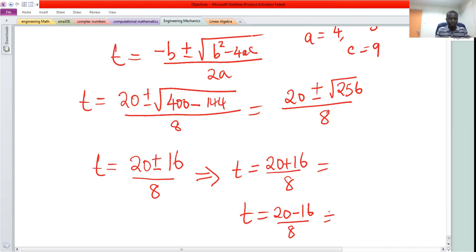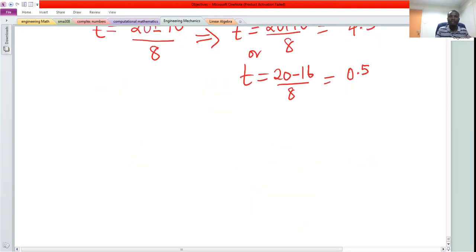So 20 plus 16 divided by 8 is 9/2, which is 4.5. And then this other one would be 20 minus 16 divided by 8 is 0.5. But remember, t is tan alpha.